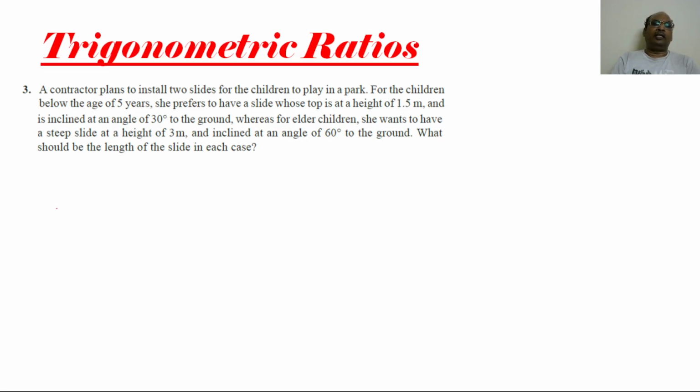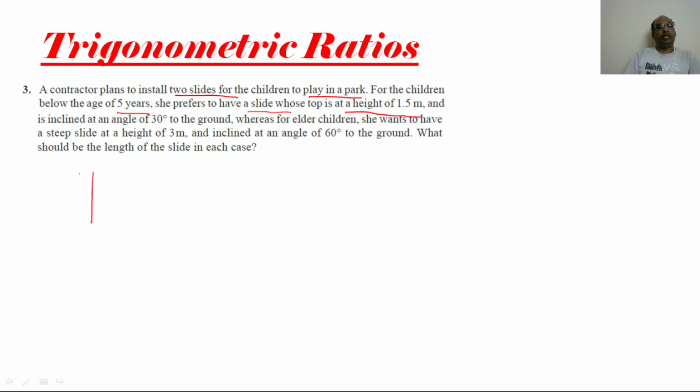A contractor plans to install 2 slides for the children to play in a park. For the children below the age of 5 years, she prefers to have a slide whose top is at a height of 1.5 meter.